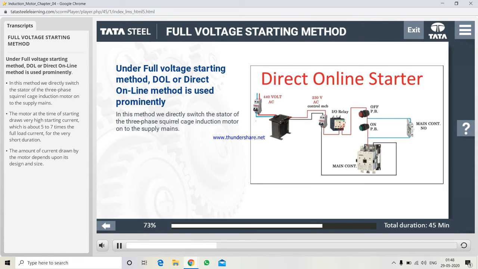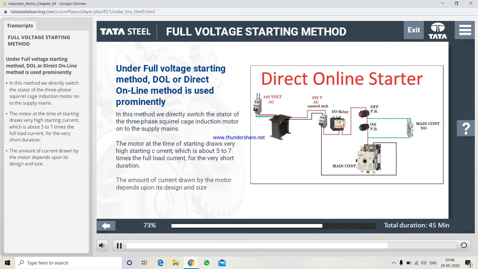In this method, we directly switch the stator of the three-phase squirrel cage induction motor onto the supply mains. The motor at the time of starting draws very high starting current, which is about 5 to 7 times the full load current for a very short duration. The amount of current drawn by the motor depends upon its design and size. Click Next to continue.